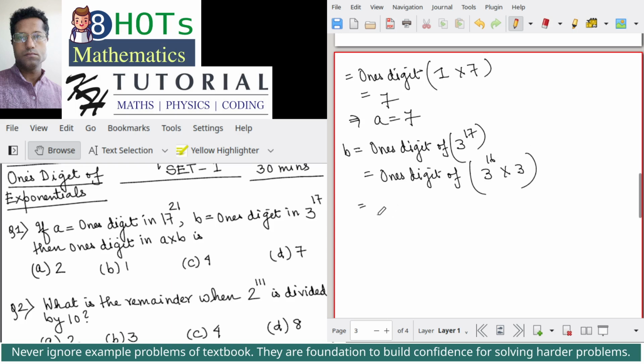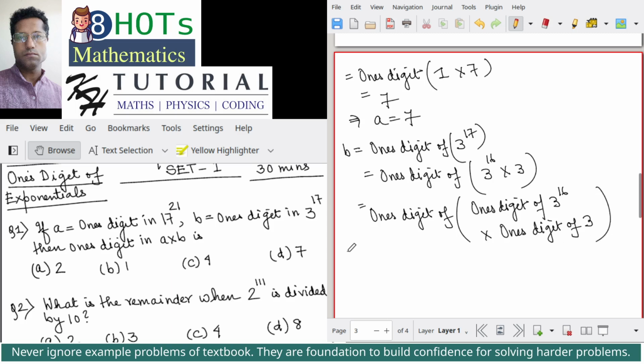Now this is in the form of the ones digit of A multiplied by B, where A is 3 to the power 16 and B is 3. So this will be the ones digit of the ones digit of 3 to the power 16 multiplied by the ones digit of 3, which is obviously 3.